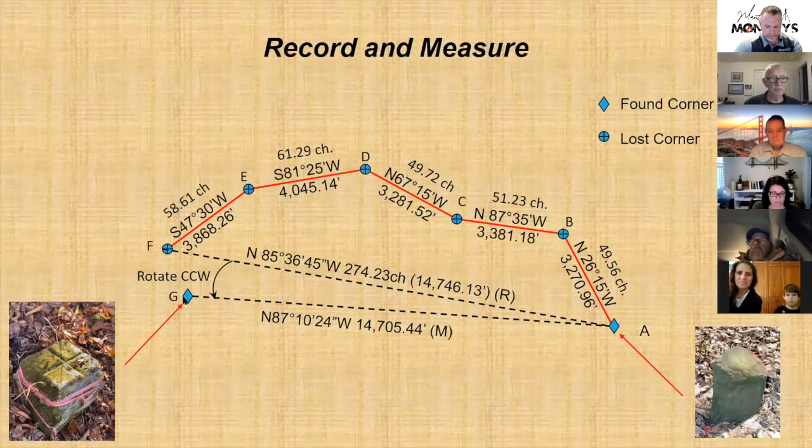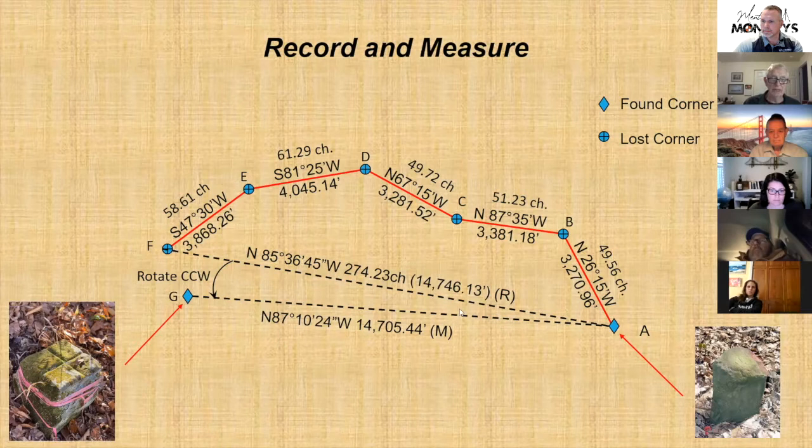Now, between where we found the monument and A, we have north 87°10'24" west, 14,705.44 feet, and that's measured. That's what we found in the field. We calculated it, and I call it measured because we measured between them, okay?